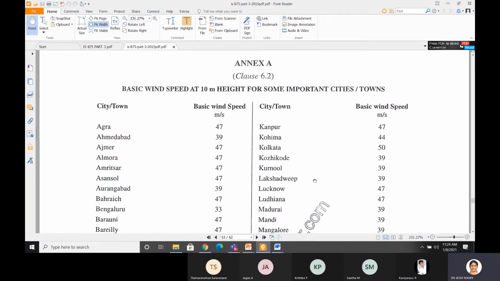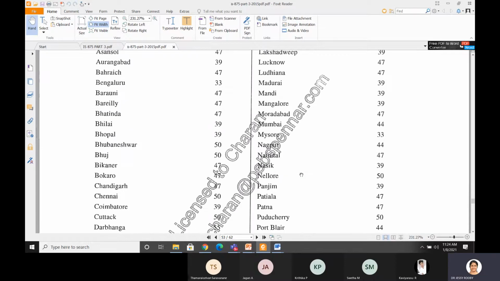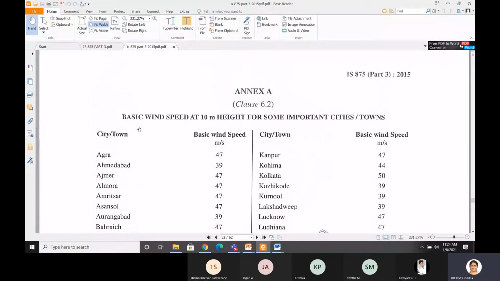From the map it is difficult to get the exact town, otherwise you would need a color map. Where is Chennai? You can see Chennai is at 50. So in Annex A, the basic wind speed at 10 meter height for some important cities and towns is given here.